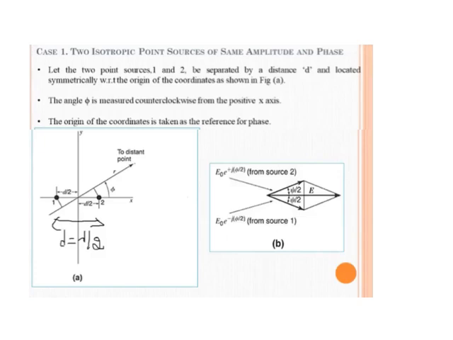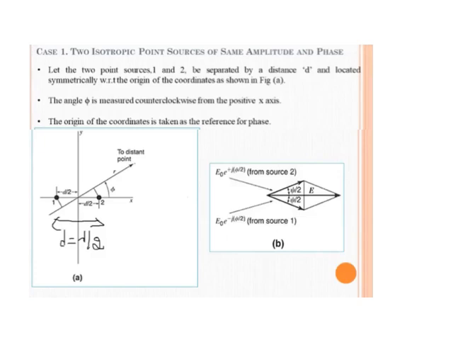Based on that, we can make 4 cases in which the two isotropic point sources may have same amplitude and same phase, same amplitude and different phase, different amplitude and same phase, and different amplitude and different phase. We can list out the 4 cases here, and let us have an understanding with respect to case 1.